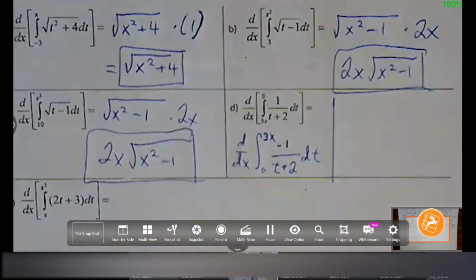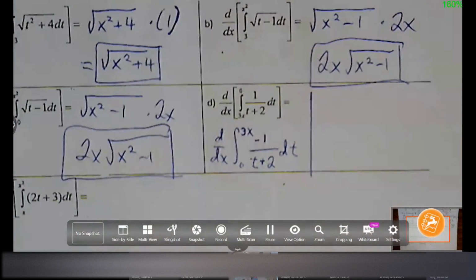Okay, so now we can go through our process. What's the first part going to look like? Yeah, but everything else stays the same, right?